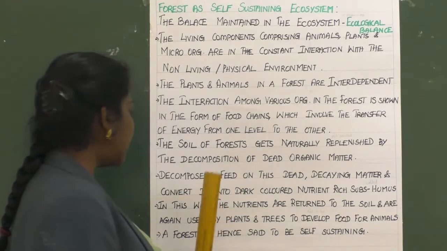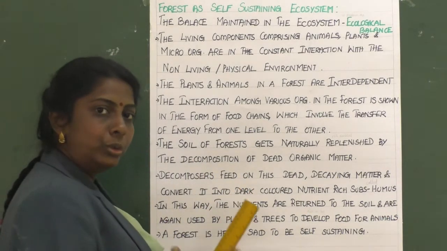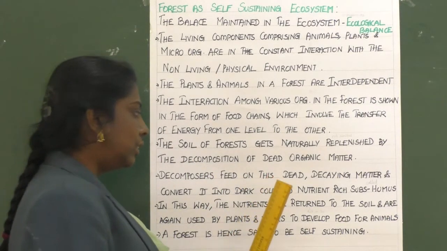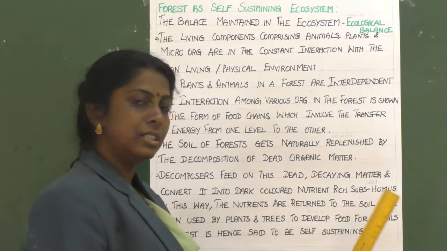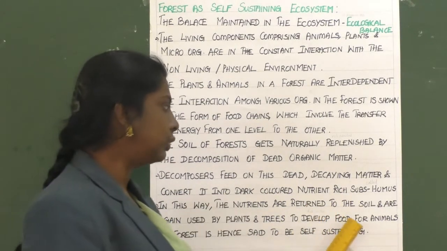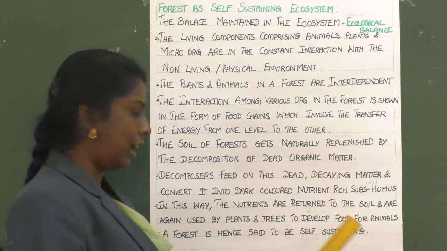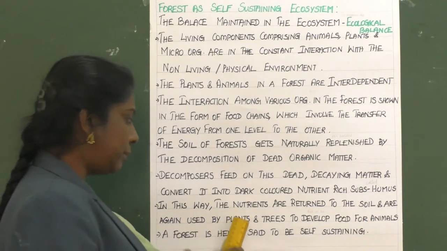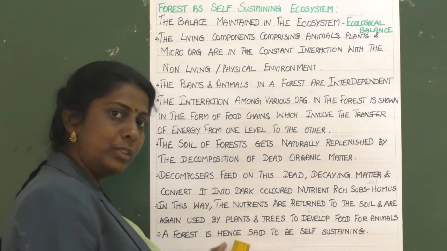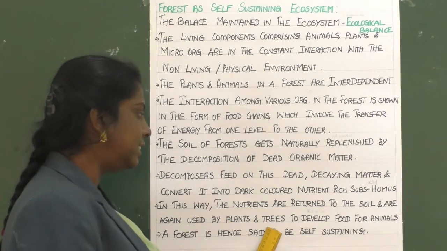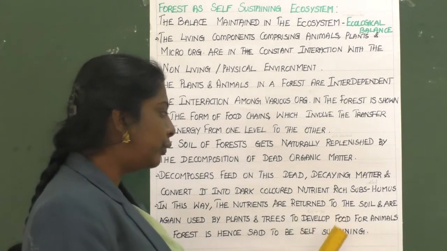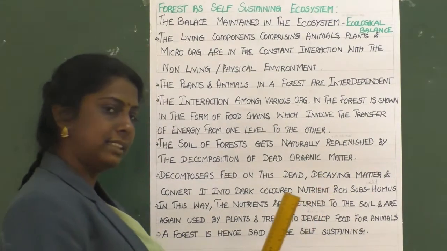Humus. So, in this way the nutrients are returned to the soil and are again used by the plants and trees to develop food for animals.